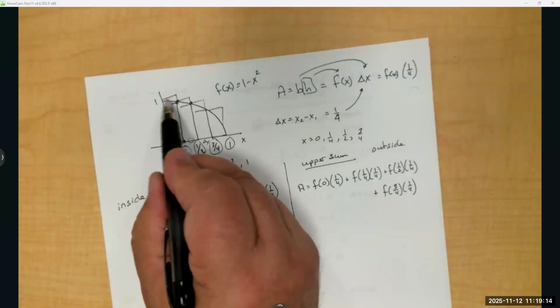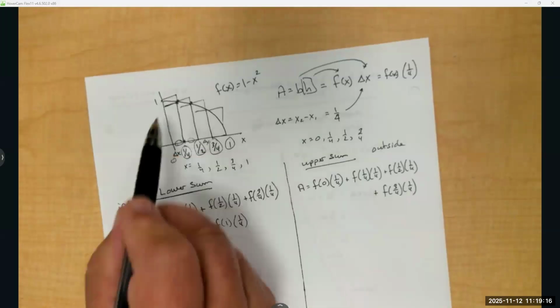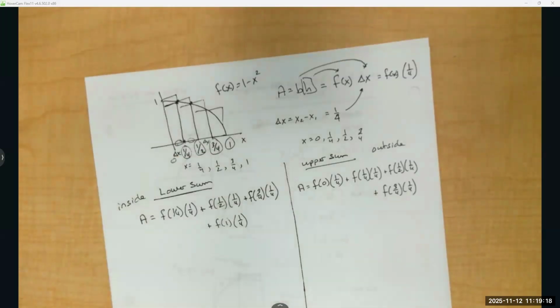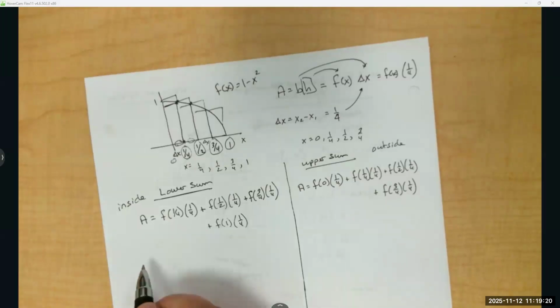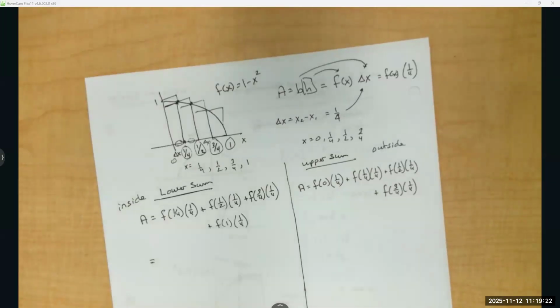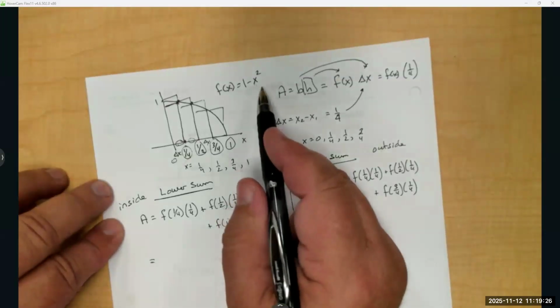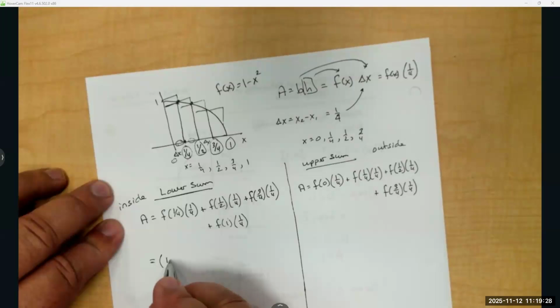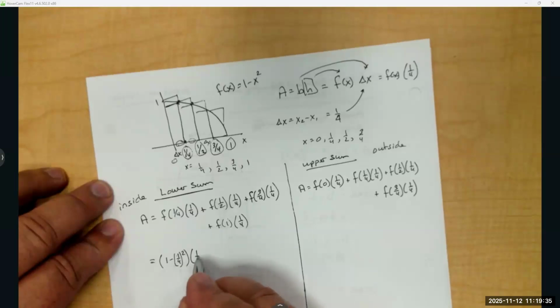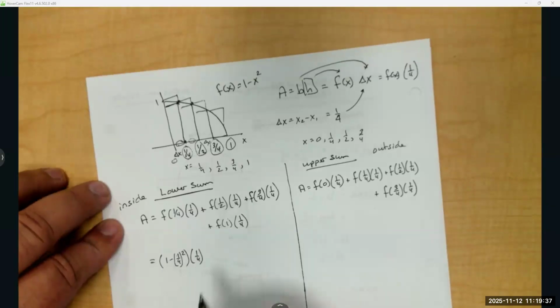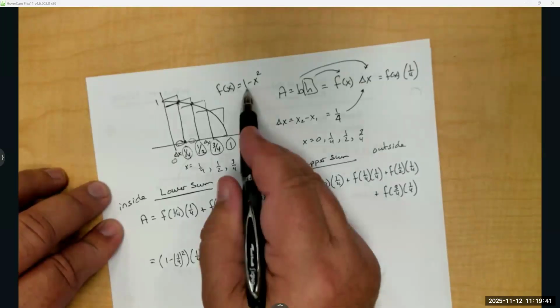Where's the upper? Where's the bigger one? It starts at this point, and that starts at 0. All right, understand it or not, I'm moving on. So when x is 1/4, I have 1 minus 1/4 squared times 1/4, plus my function f of x is 1 minus x squared.